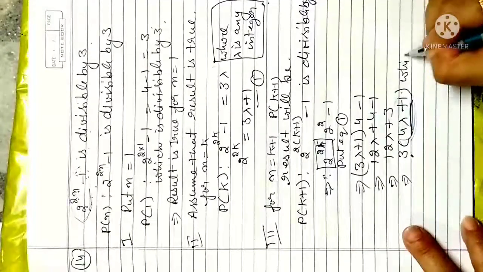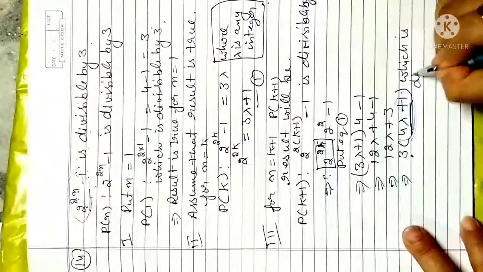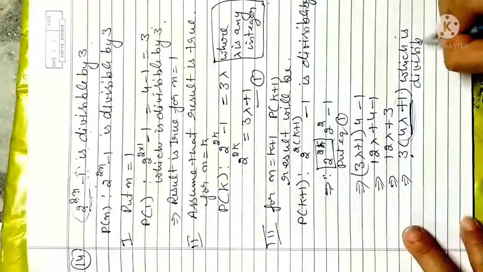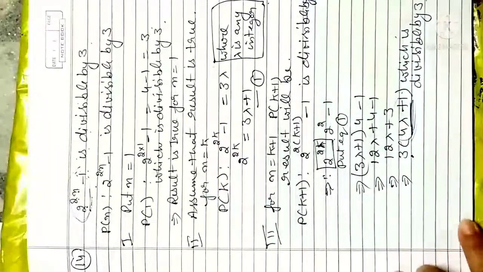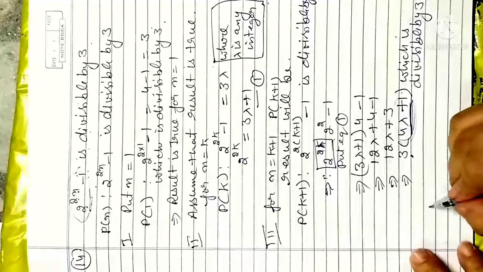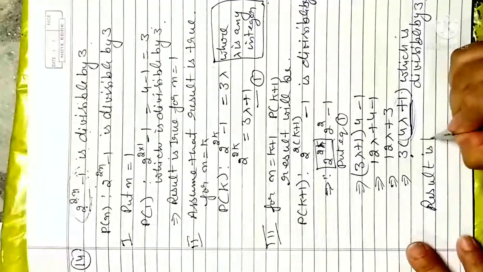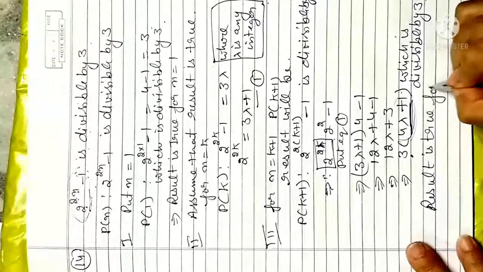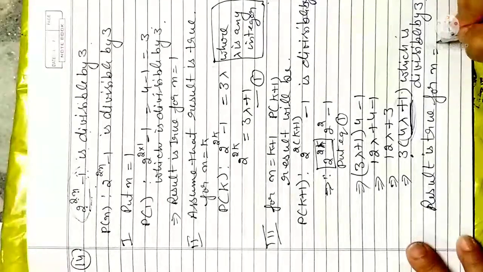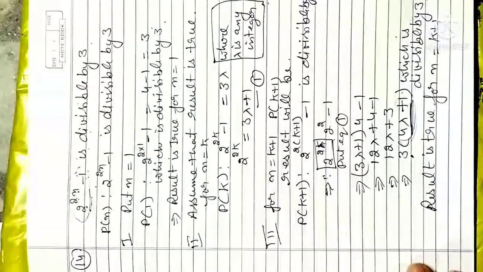So we can say that this is divisible by 3. So that means, by mathematical induction, the result is true for n is equal to k plus 1. Thank you.